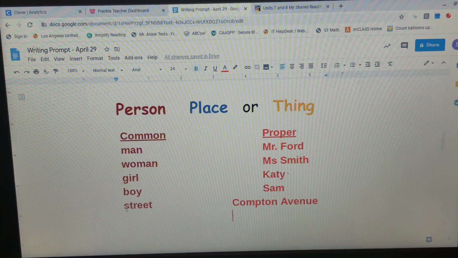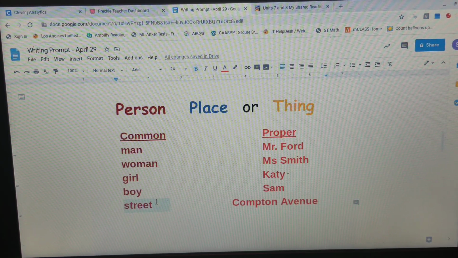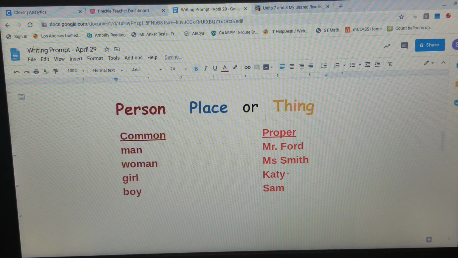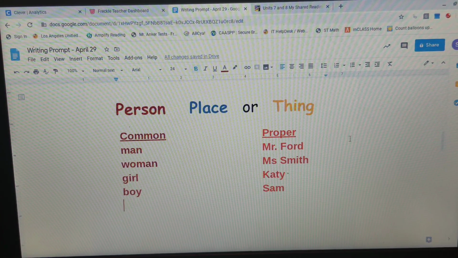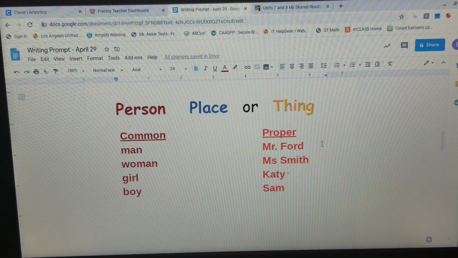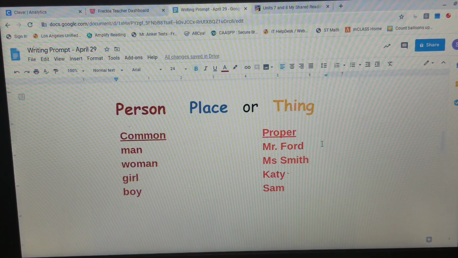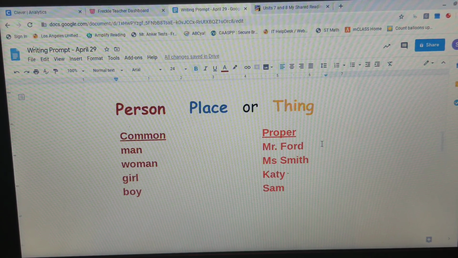So, this is a place. We'll hold this one for next time. And just stick with people. So, man is the common noun, but the proper noun is Mr. Ford. Or, well, if we think about the people that work at our school, we could say Mr. Lyles or Mr. Jaime.